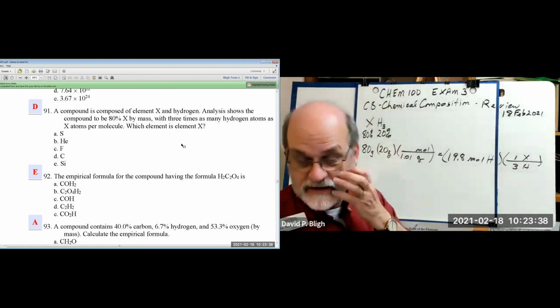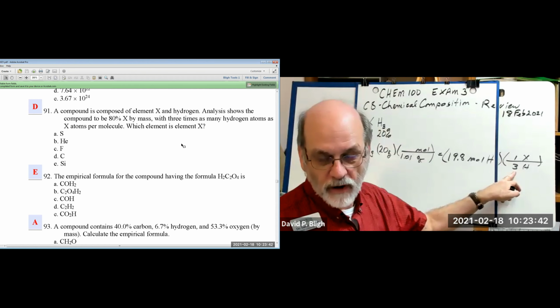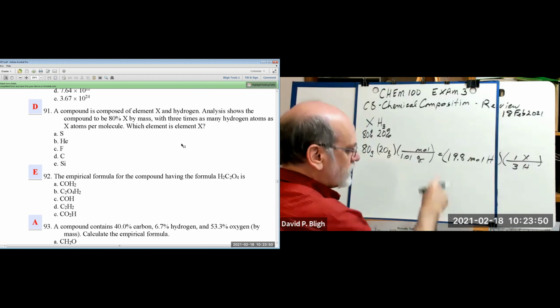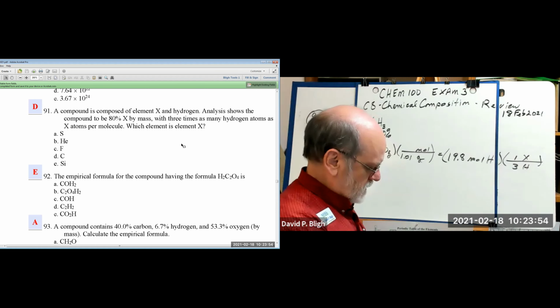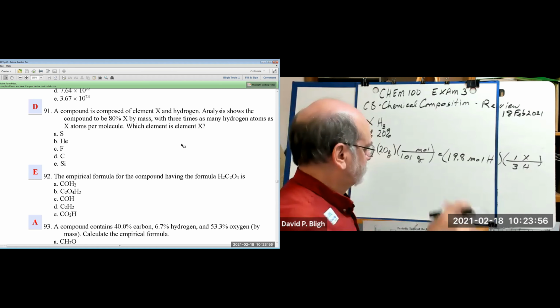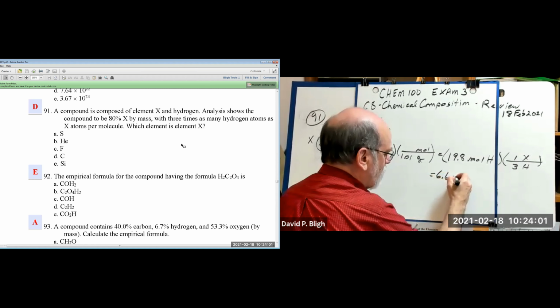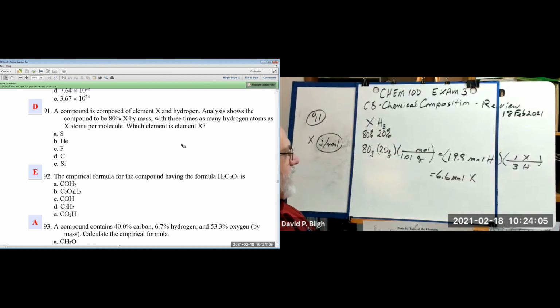And that's why I said you have to assume there's only 1 X, because that won't work. I mean, if it's 2, then it's a different ratio. Okay, so we have to assume just 1 X. So 3 into 19.8 is 6.6. So we have 6.6 moles of X. Now look what we got.